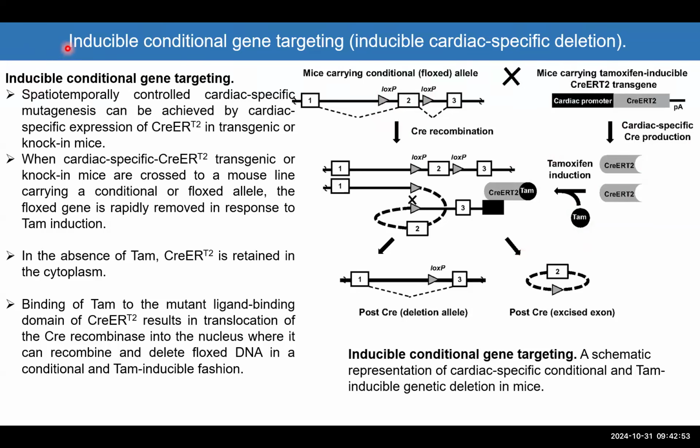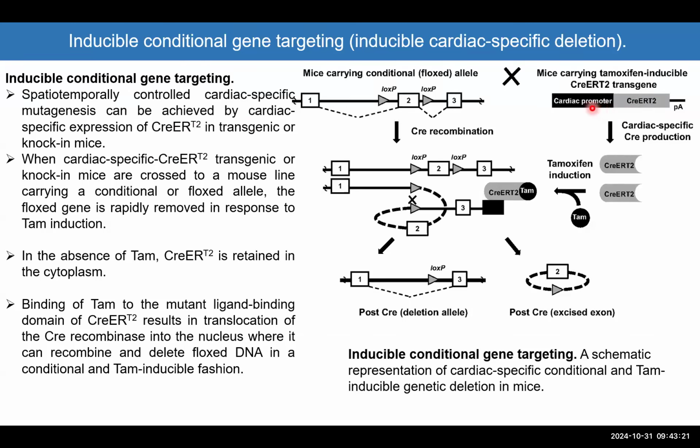So the inducible conditional gene targeting is controlled by cardiac-specific mutagenesis that can be achieved by specific expression of the CRE-ERT2 transgene or in a knock-in mouse. So here you knocked in the CRE-ERT2 into the cardiac-specific promoter, which is the alpha myosin heavy chain.